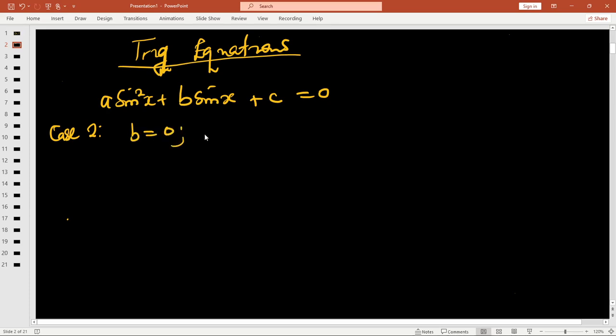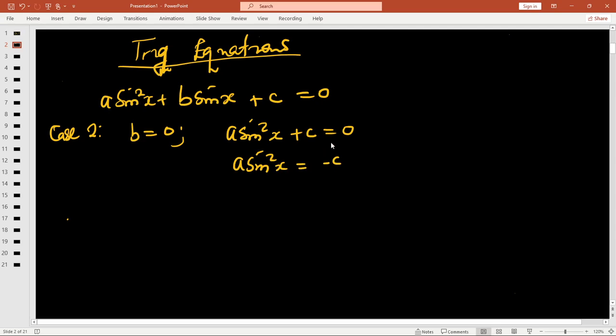If b is equal to 0, we're just left with a sine squared of x plus c equal to 0. Then we can go ahead and try to solve for x. So we're going to have a sine squared x is equal to, we take the c the other side, negative c.